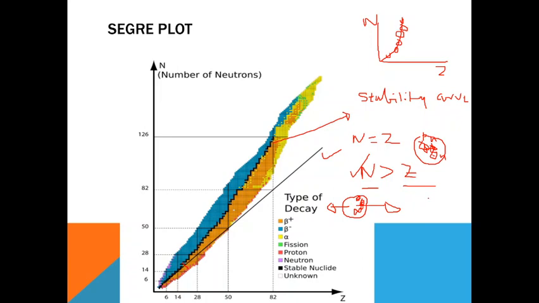So there is a competition between Coulombian forces and nuclear forces. Coulombian forces will take it in a direction where the nucleus is fragmented, while the nuclear force will be in the opposite direction.